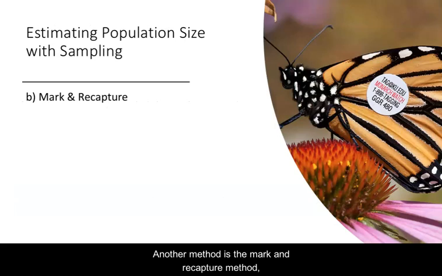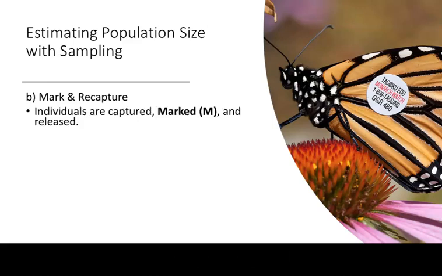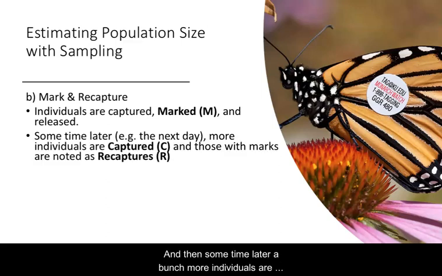Of course, another method is the mark and recapture method, sometimes also referred to as the capture mark recapture method. Individuals are captured and marked, and then they are released. And then sometime later, a bunch more individuals are captured, and those that have marks on them from the previous capturing are marked as recaptures.